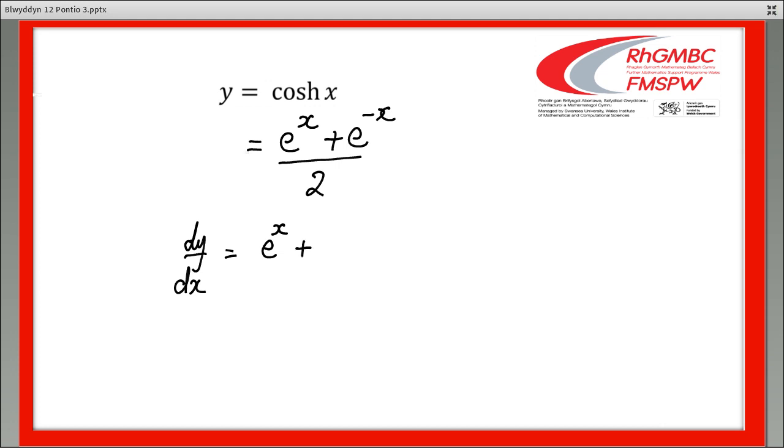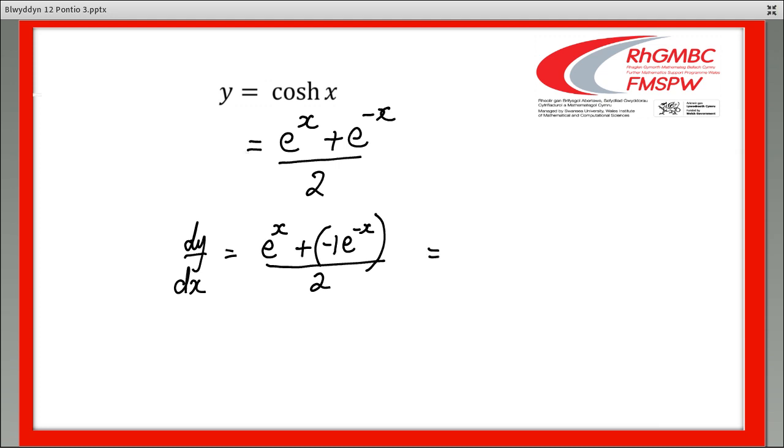Copy down the plus symbol in the middle, open up my brackets, differentiate e to the minus x gives me e to the minus x. Close my brackets. But then we step inside the e part and differentiate the power and we get minus 1. That's all over 2 because we do nothing with the 2, we just copy it down.